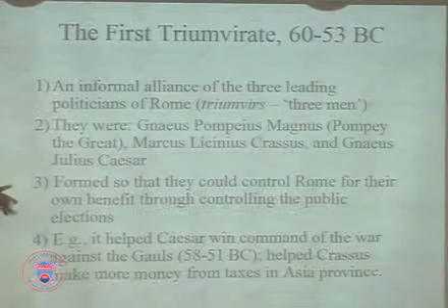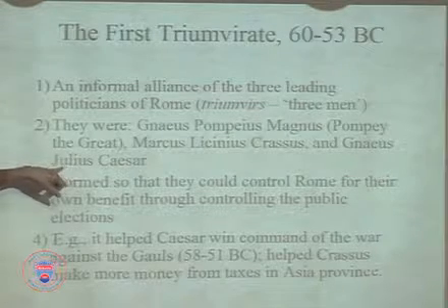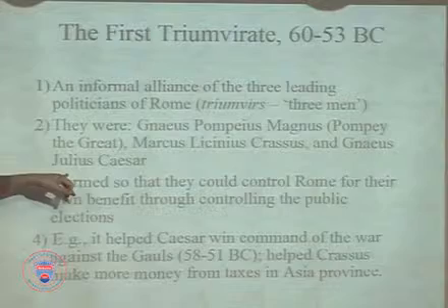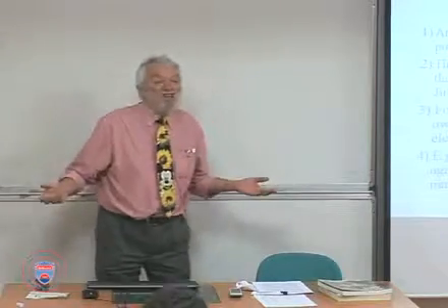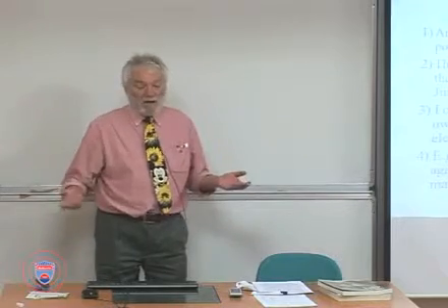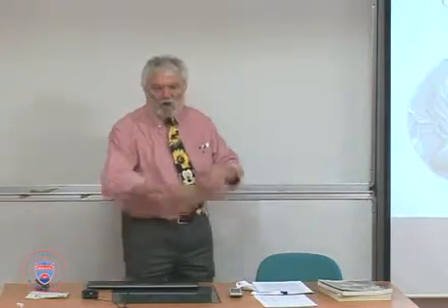Caesar comes from one of the oldest Roman families, the Julian family, Julius Caesar, Julius Ascanius. Caesar comes from a family that has no money. He wants money. The best way to win money is to win a war against an enemy and get their gold and silver. So they all want something from each other, and they work together with the First Triumvirate to make this happen.